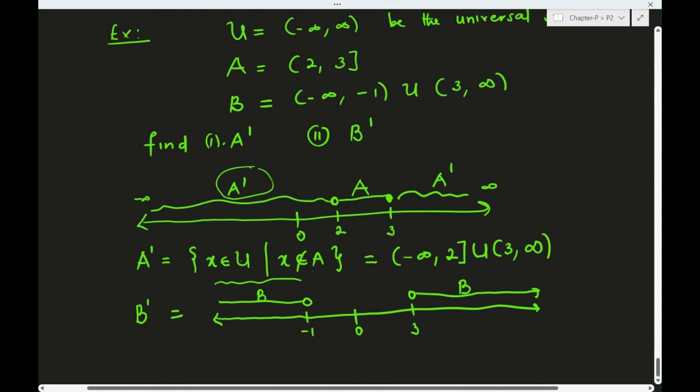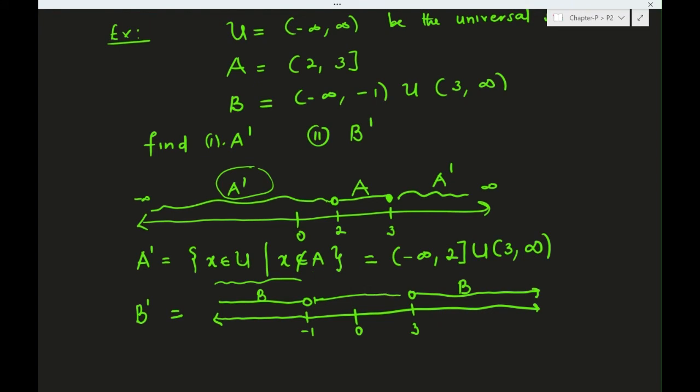So B prime is going to be this part, just from here to here. Remember, B prime is every element that is inside the universal set, but not inside B, right?